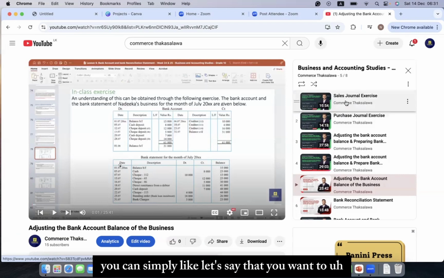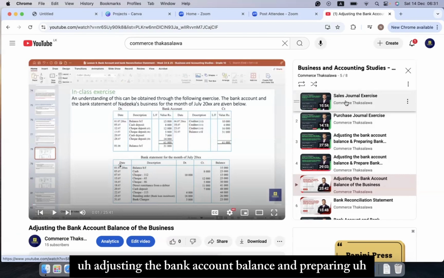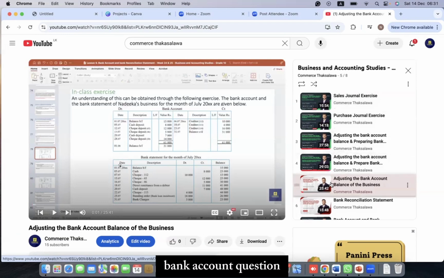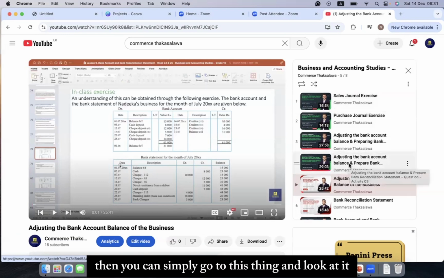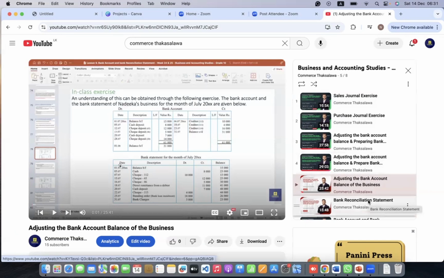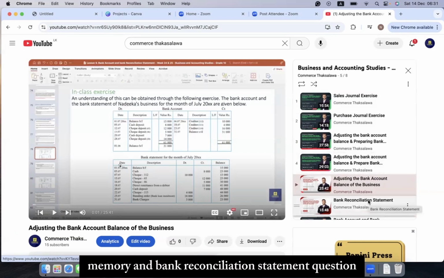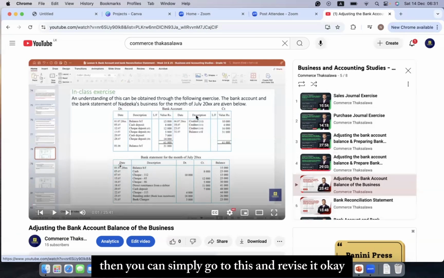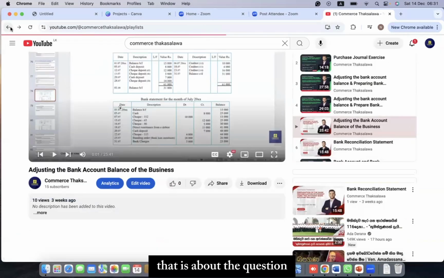Let's say you want to revise your knowledge in adjusting the bank account balance and preparing bank account question, then you can simply go to this and look at it. Okay, let's say you want to revise your memory in bank reconciliation statement question, then you can simply go to this and revise it. Okay, that is about the questions.